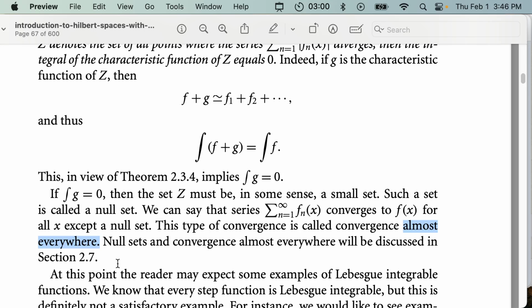So when someone says almost everywhere, they mean it converges except for a set which has probability 0. So there's a 100% chance it converges in some sense. Okay? I think saying a 100% chance would be more accurate than saying almost everywhere. Almost everywhere is a silly way to do it. Okay, we're going to talk about this in section 2.7. All right, and this is the best place ever to end a class.